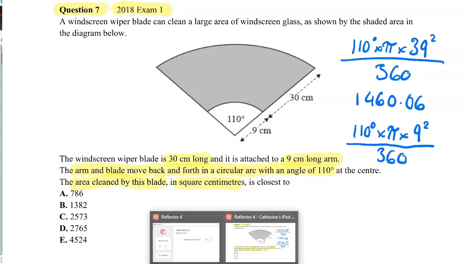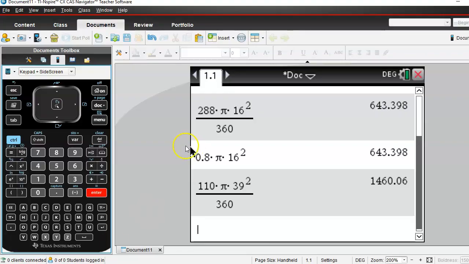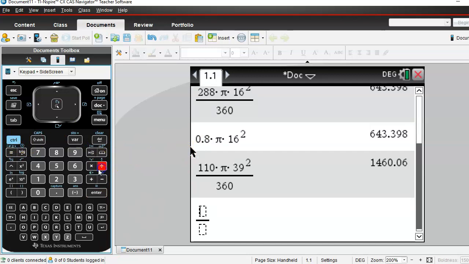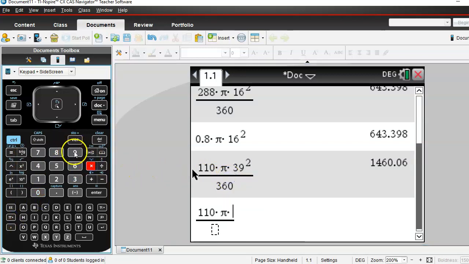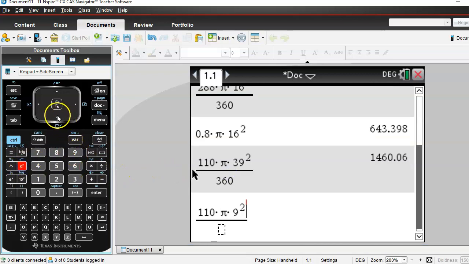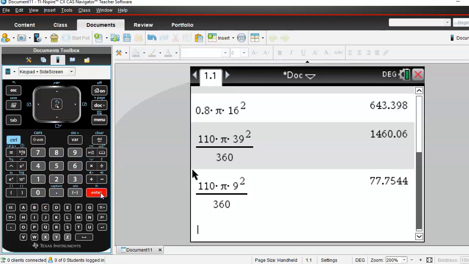Okay, and all right, so 110 by pi by 9 squared over 360. Control equals. Okay, so that is 77.754. And what we want is the difference between those two.